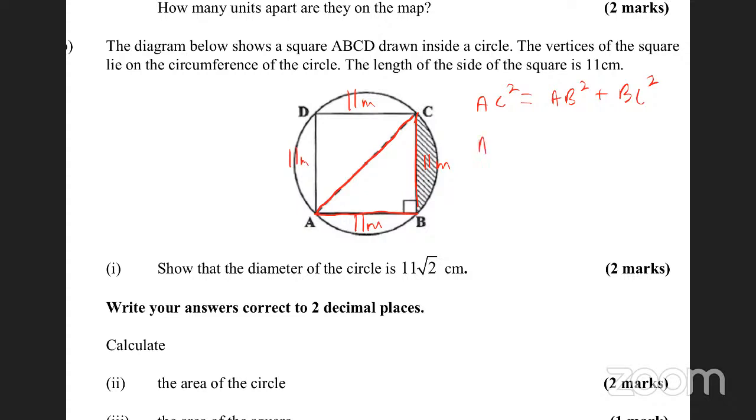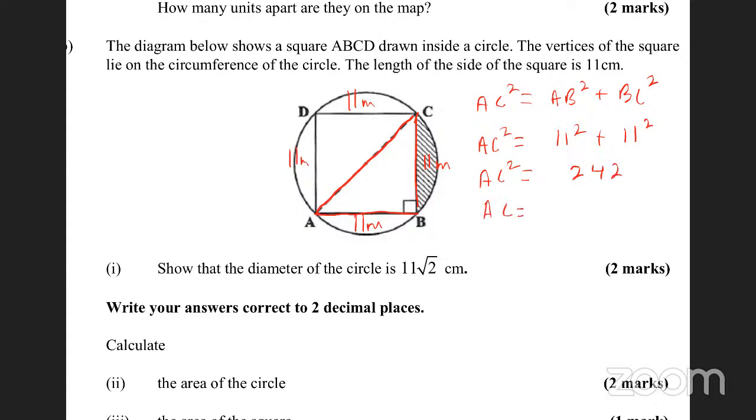So we're trying to find the diameter. AB is 11. BC is also 11. Add it up, and we get 121 plus 121, which is 242, right?